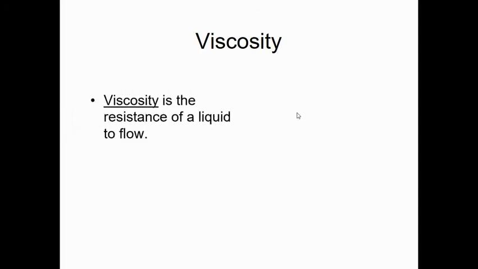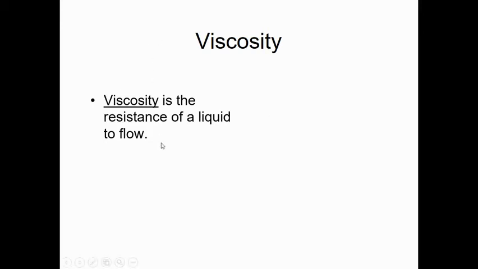Okay? Viscosity. Viscosity is the resistance of a liquid to flow. When liquids flow, you usually have the top layer of the liquid flowing over the layers below it. And if there's a lot of attraction between the molecules or the compounds within a liquid, they're going to hold on to each other pretty tightly, and they're not going to want to flow.